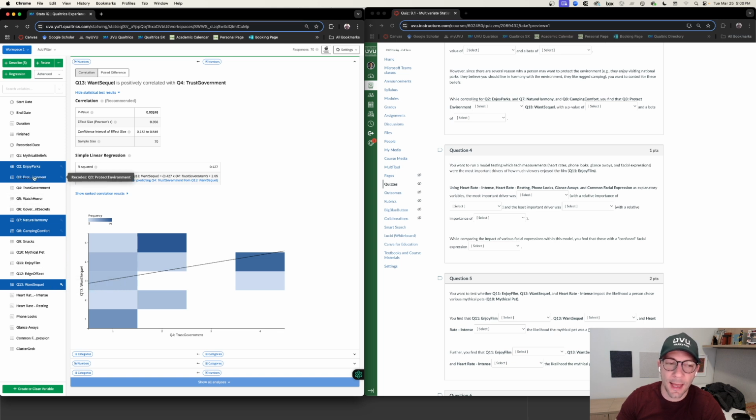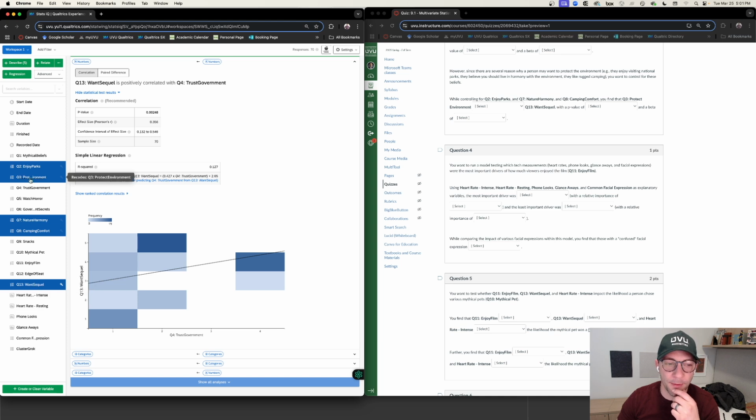It'll show us that, but it'll also control for or hold constant these other things. So you're teasing out the role that, for instance, nature harmony was playing between environment protection and want sequel.